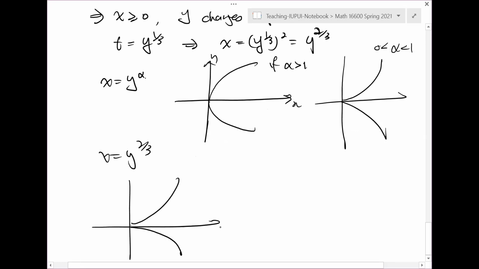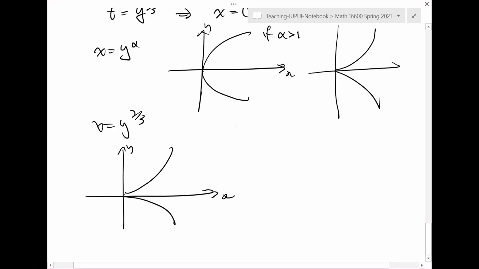So the curve determined by the parametric equations must be a portion of this. Maybe the whole graph, right?